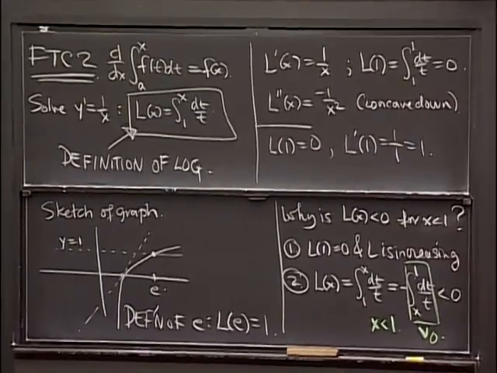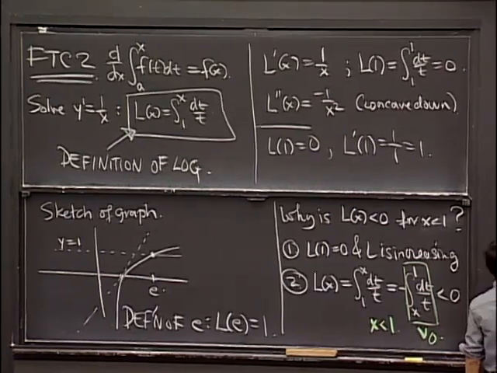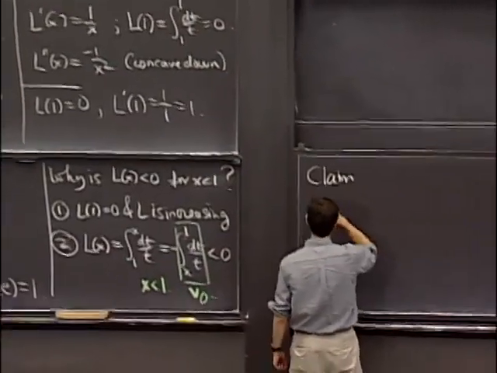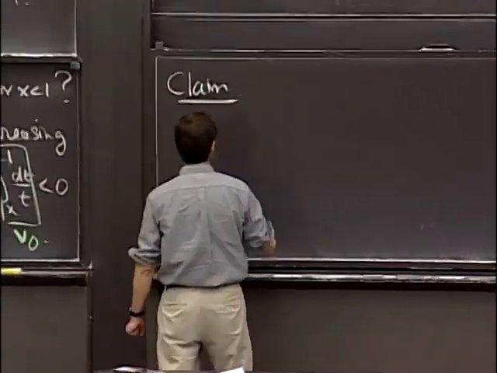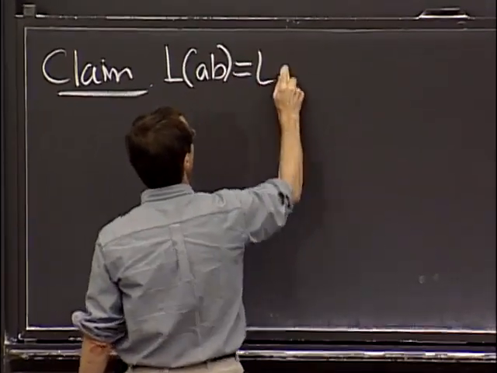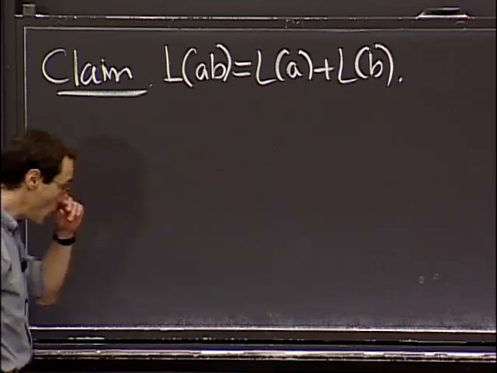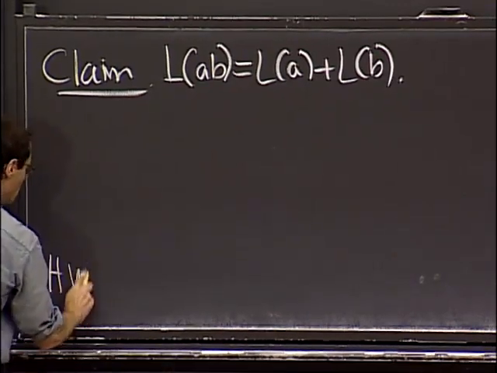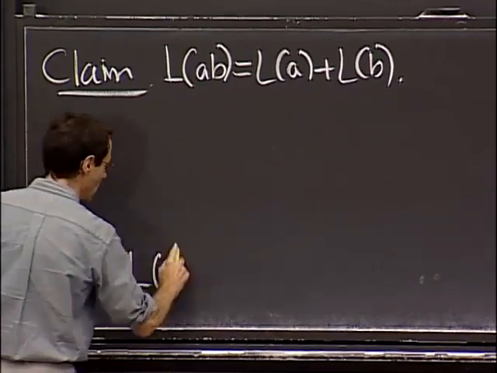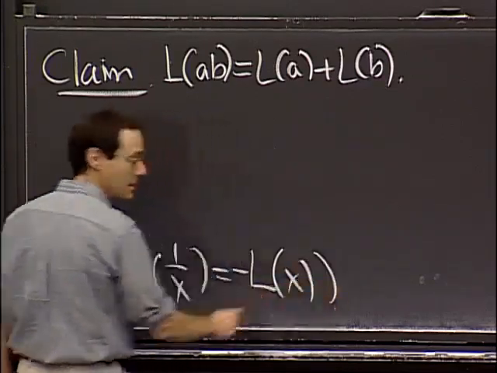Now there's one more manipulation of integrals that gives us the fanciest property of the log. And that's the last one that I'm going to do. And you have a similar thing on your homework. So I'm going to prove that this is, as I say, the fanciest property of the log. On your homework, by the way, you're going to check that L of 1 over x is equal to minus L of x.